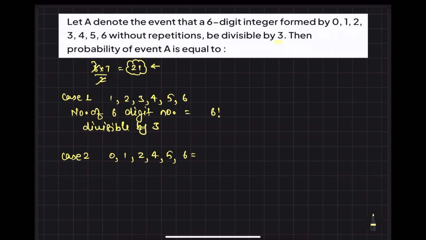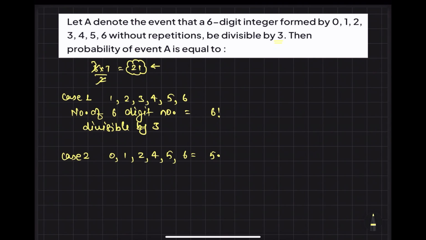Now if you observe, for the leading position you are left with 5 choices. You cannot use 0 at the leading position, because if you do, you will end up having a 5-digit number.